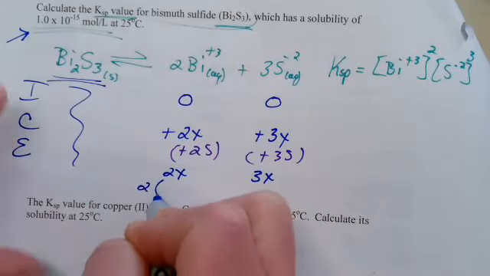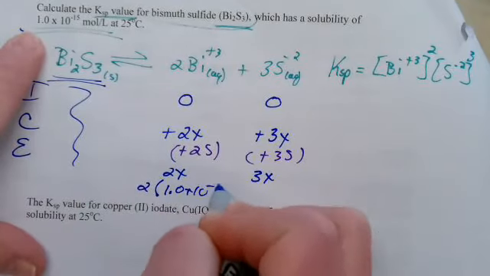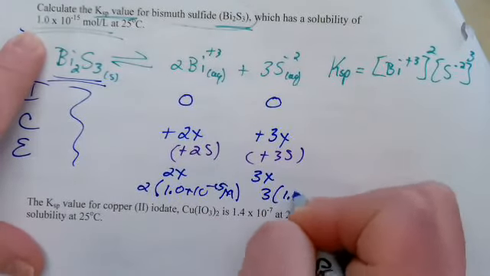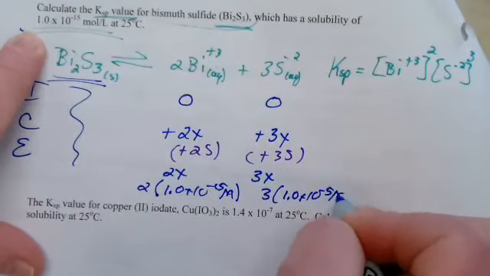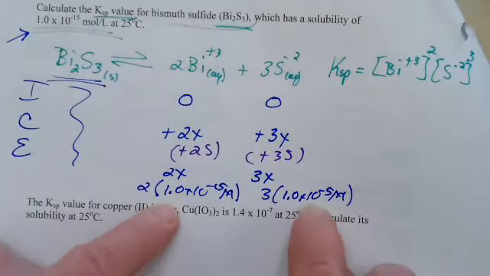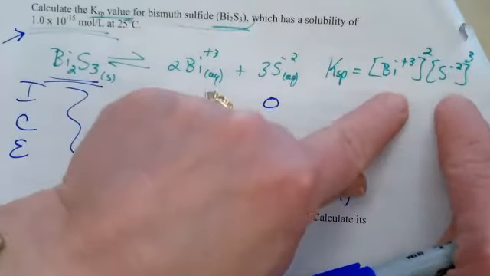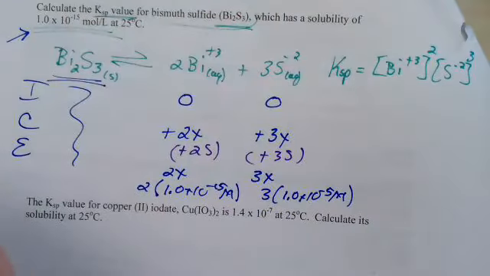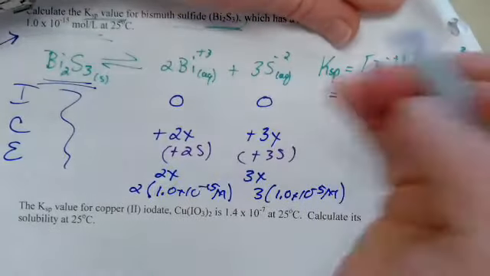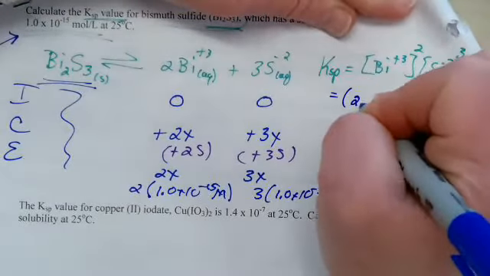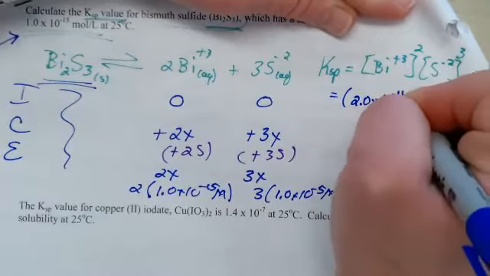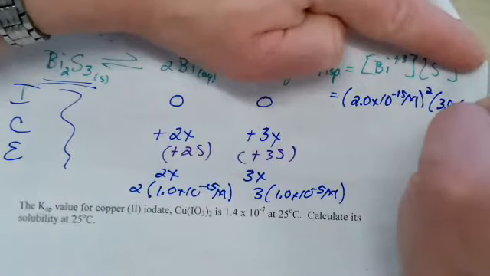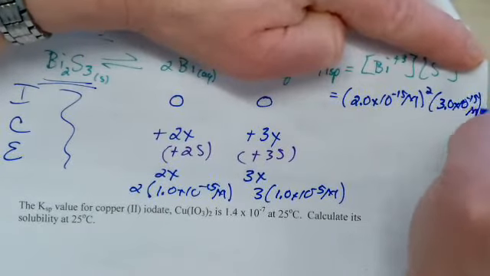And so they'll take 2 times 1 times 10 to the minus 15th molar, and then 3 times 1 times 10 to the minus 15th molar. And then plug those values in and then square and cube. Totally up to you. So what that would be then is 2 times 10 to the minus 15th molar squared times 3 times 10 to the minus 15th molar cubed.